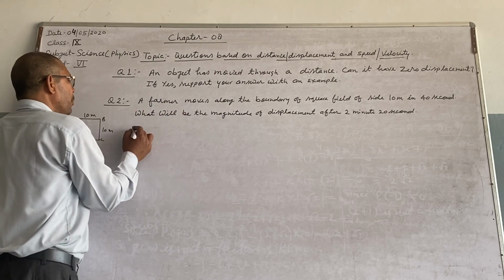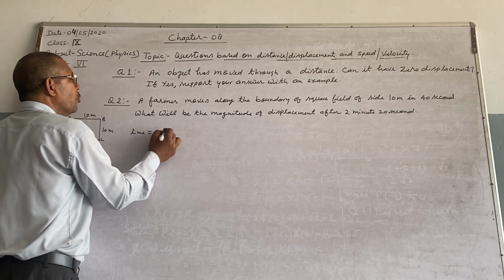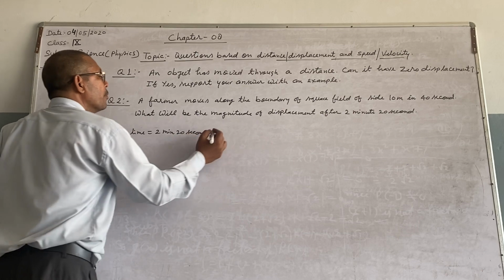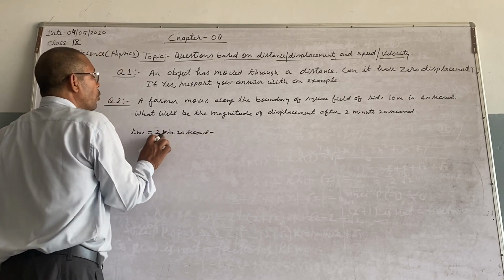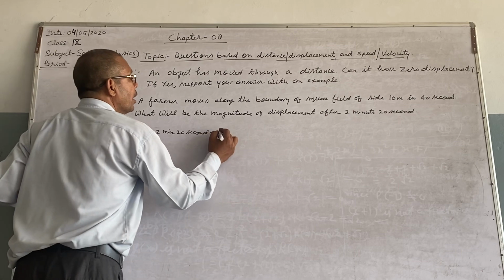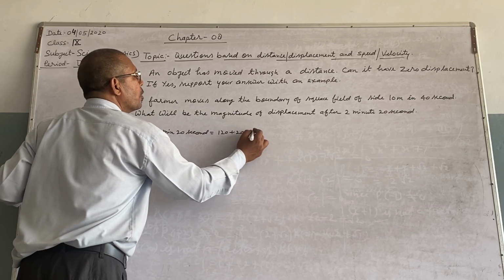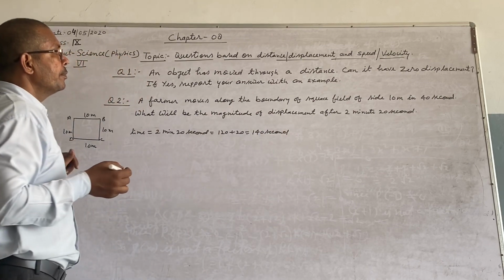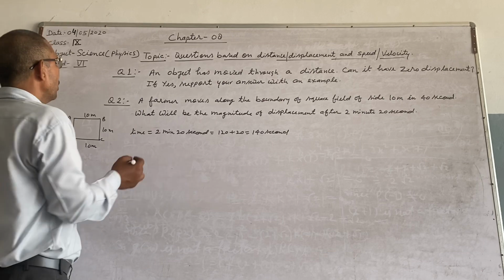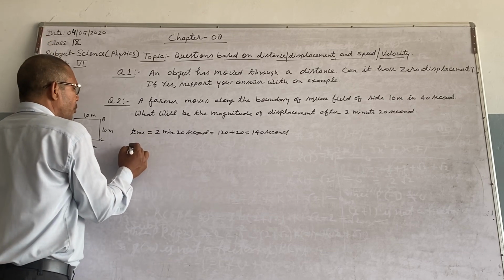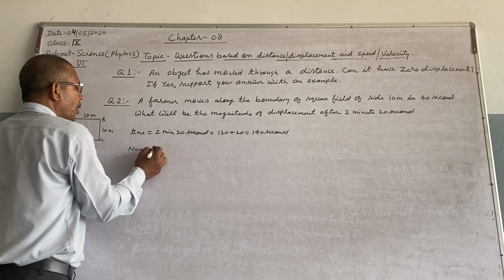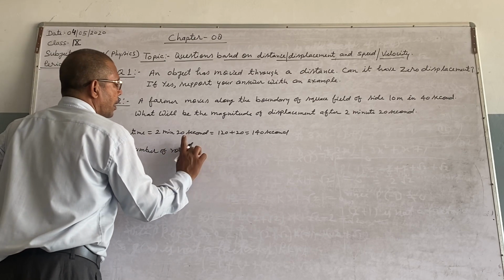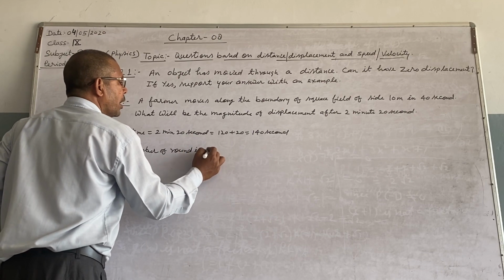That is time equal to 2 minutes 20 seconds. It means 2 into 60, that is 120 seconds plus 20, equal to 140 seconds. Right? So here see the number of rounds in 140 seconds.